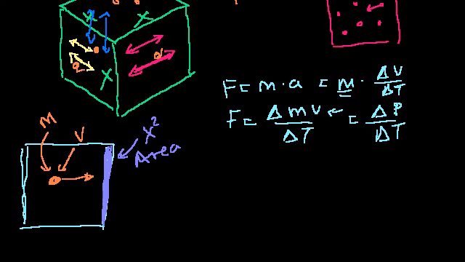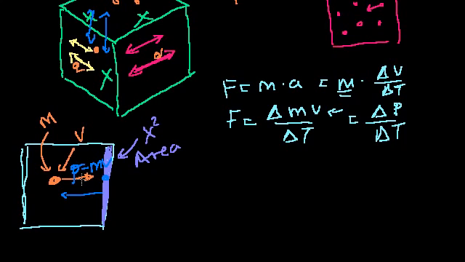So what's the change in momentum going to be for this particle? Well, it's going to bump into this wall. In this direction, right now, its momentum is equal to mv. Then it's going to bump into this wall and ricochet straight back. What's its momentum going to be? It's going to have the same mass and the same velocity. We'll assume it's a completely elastic collision, so nothing is lost to heat or whatever else.